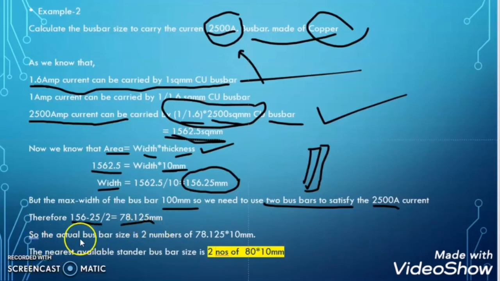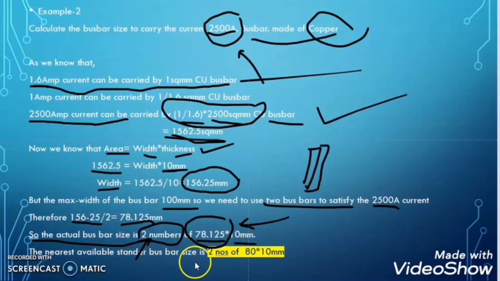So the actual size of the bus bar will be two numbers of, please focus here, 78.125 into 10 mm. But as I told you, the bus bar comes in standard sizes, so we have to select the nearest one. The nearest available standard bus bar size is 80 into 10 mm, two numbers.